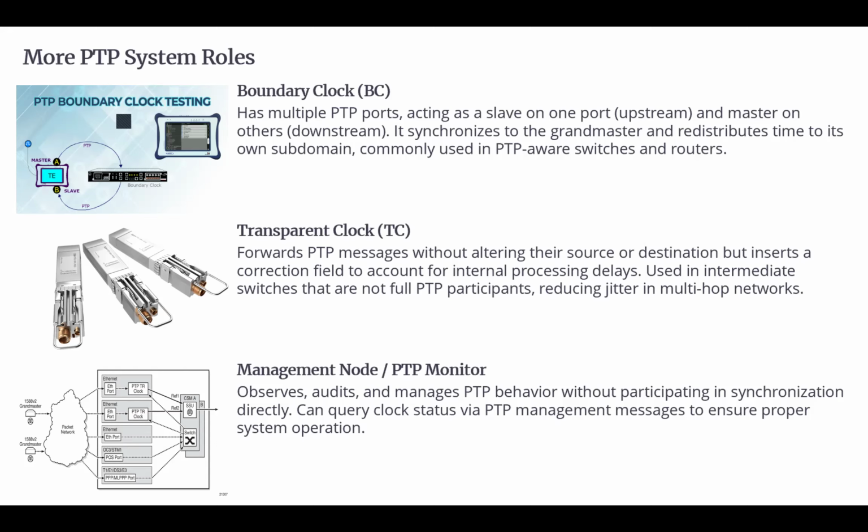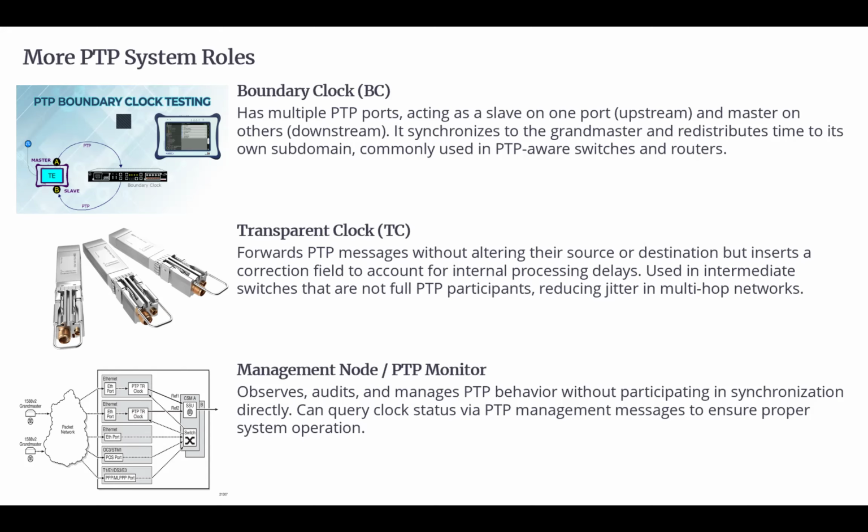For example, we have one grandmaster, which is the reference. It sends the signal to the boundary clocks. Each boundary clock manages a certain section of the whole network and acts as the master for that section.